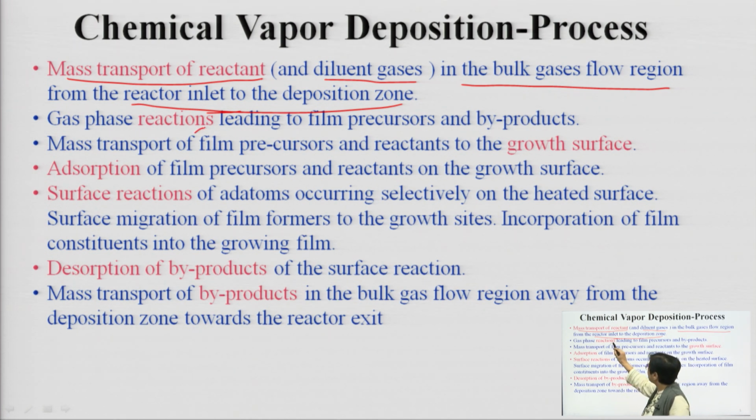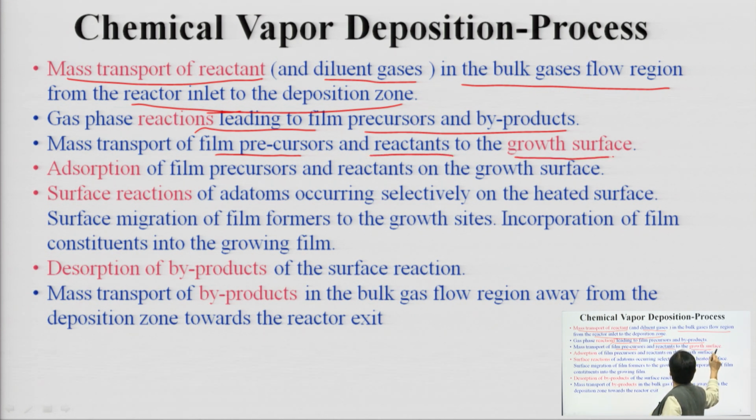The gas phase reactions lead to film precursors, and thereby byproducts are formed. The mass transport of the film precursor and the reactants goes to the growth surface. Adsorption of the film precursors takes place onto the growth surface; adsorption basically means it will get deposited onto the surface.